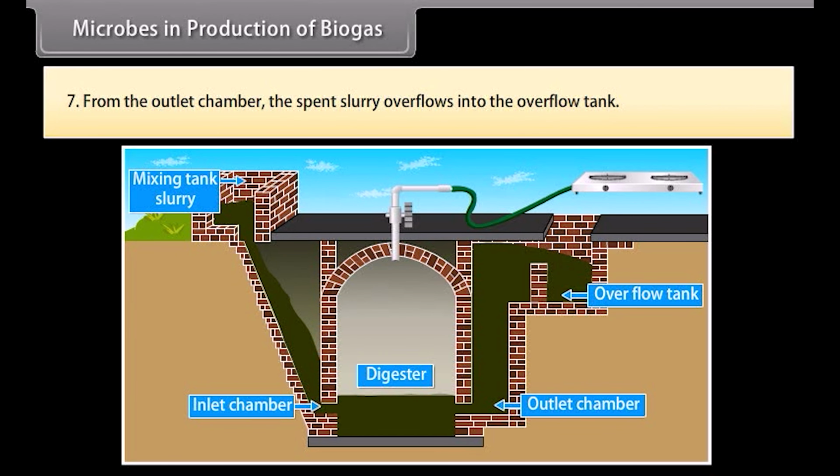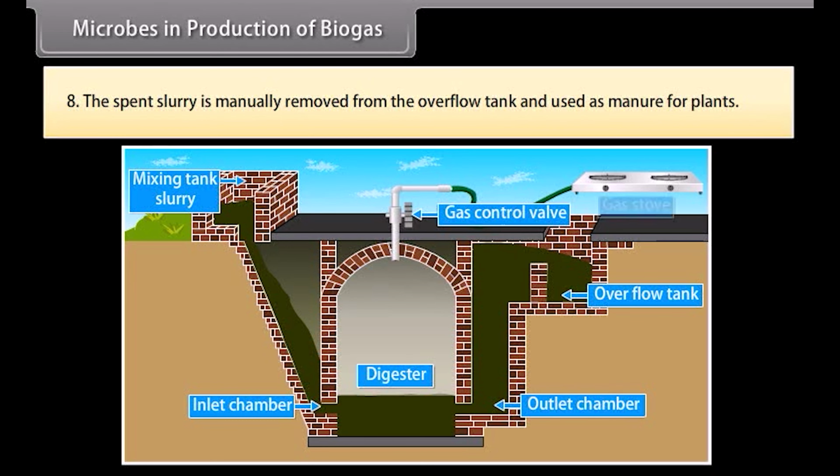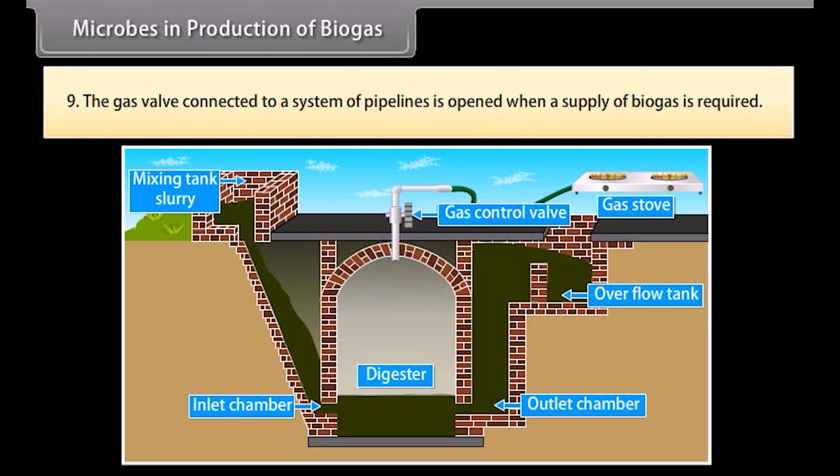From the outlet chamber, the spent slurry overflows into the overflow tank. Number 8. The spent slurry is manually removed from the overflow tank and used as manure for plants. Number 9. The gas valve connected to a system of pipelines is opened when a supply of biogas is required.